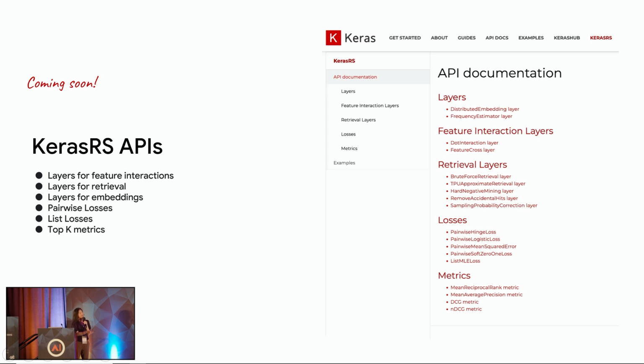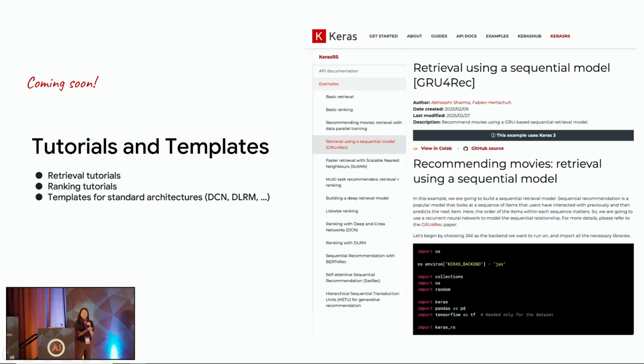Here's our selection of Keras RS APIs. We have specific layers for feature interactions and retrieval. We have, of course, embedding layers, very important for recommender systems today. And we also have a variety of losses and metrics that you can use. Also coming soon, we have many tutorials and templates.